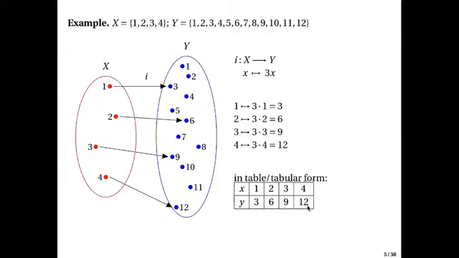Okay? So for this particular example, we now have several ways to write a relation.